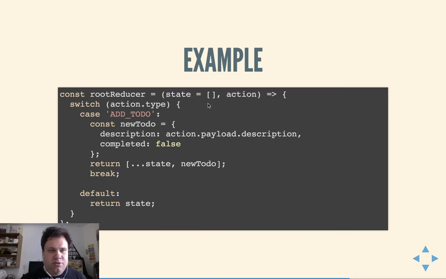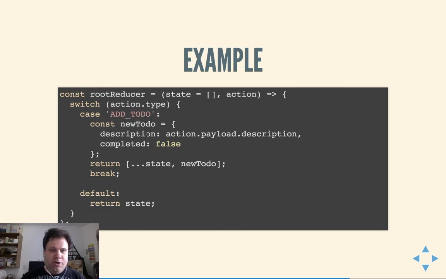In our reducer, another thing that is highly idiomatic is to use a switch statement on the action type. Here, we treat the action type of add to do. What do we do to add a new to do to your list of to dos, which is the application state?